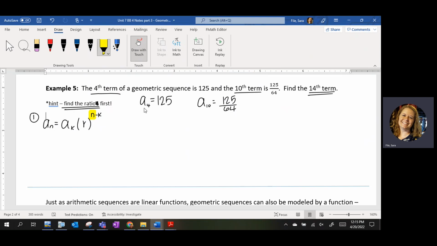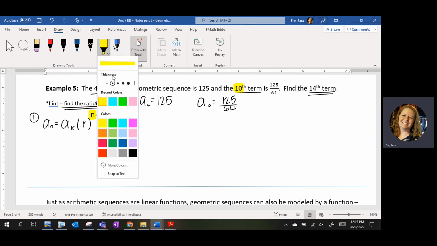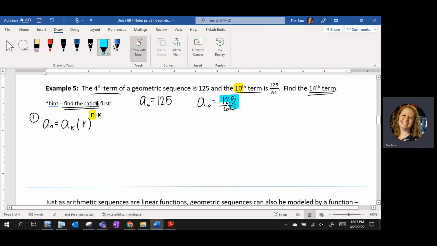So should N be the 4 or the 10? Do I want to do 4 minus 10 or 10 minus 4? Yeah, so I want N to be the 10th term. Okay, so I want A sub 10 to go here.